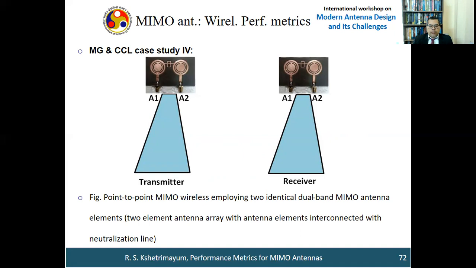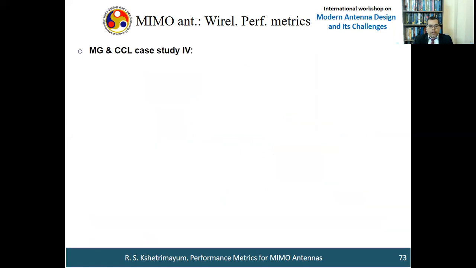We're considering a 2x2 MIMO system, and we're considering the MIMO antenna with the neutralization line here. You can see that in between the 2 patches here, you have a neutralization line, which will actually minimize the mutual coupling between the antenna array.